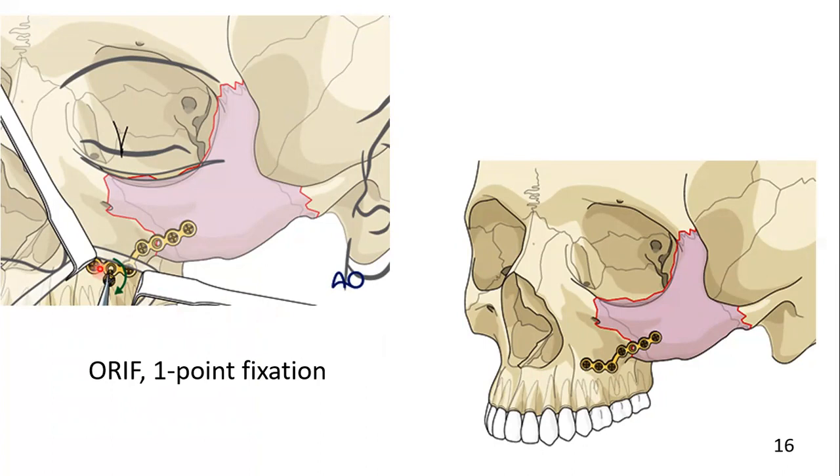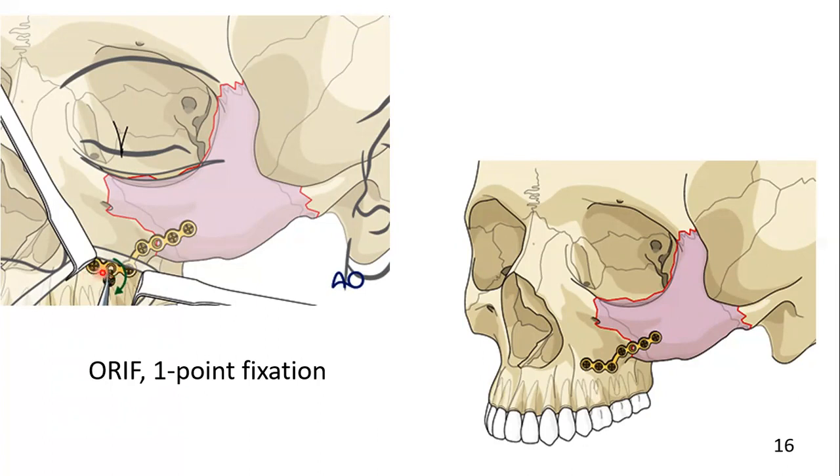A common problem which occurs with this plate is the failure to properly adapt the L plate, and it will result in screw placement into the thin wall of the anterior maxillary sinus.